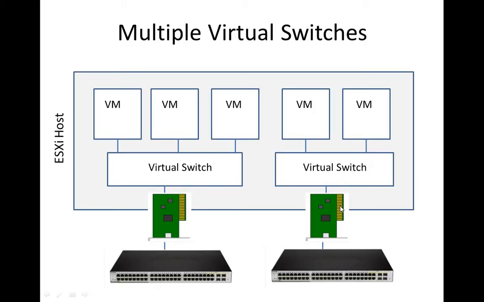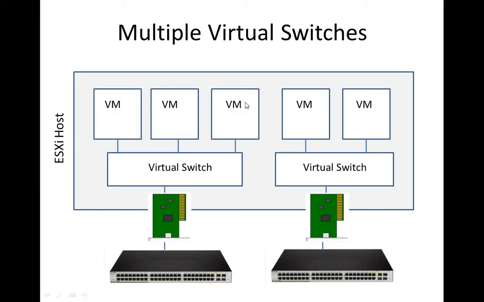And this shows that this ESXi host has one network card which goes to one network, and this virtual switch connects these virtual machines to this physical switch. And then we have another external physical switch which is plugged into a different network interface card in the ESXi host, and that virtual switch connects these virtual machines to this network.